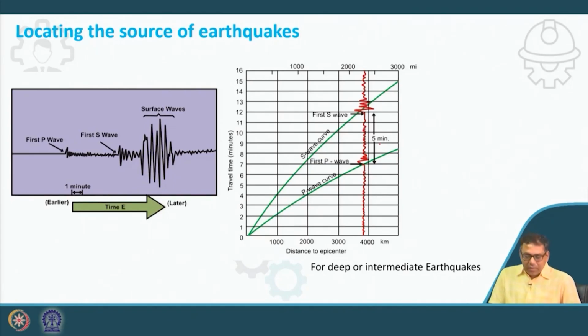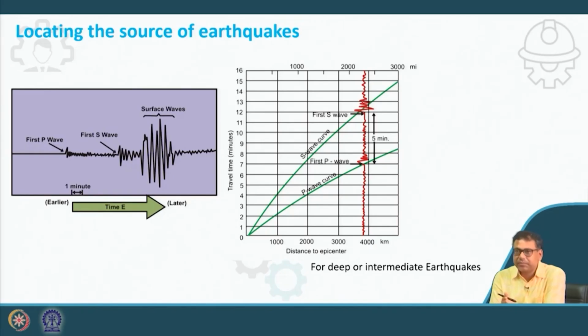Okay. So now what I will do, I will take this data and fit it on this travel time versus distance plot, placing it towards the left or right. I will fix it in such a way that the starting point of the P wave and the starting point of the S wave meet the P wave and S wave curves respectively.